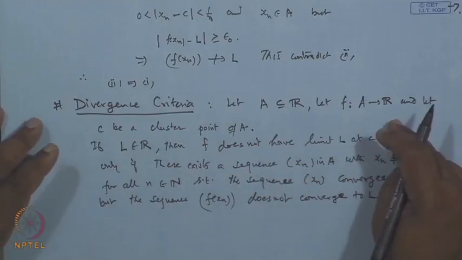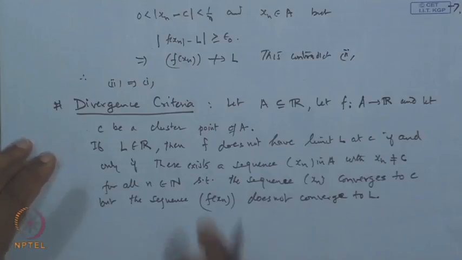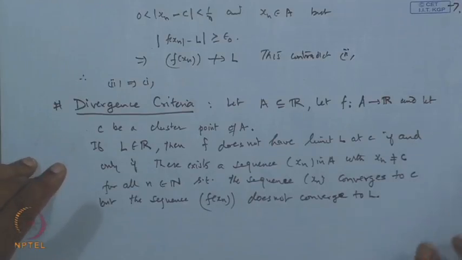The limit of the function f(x) when x tends to c is not equal to L, it means this will exist. Okay. Now, let us see a few examples where the limit of the function does not exist, which are very interesting examples and used very frequently in further study.